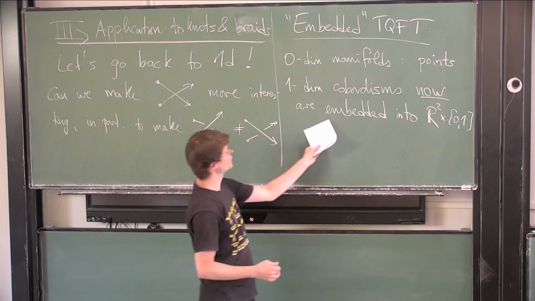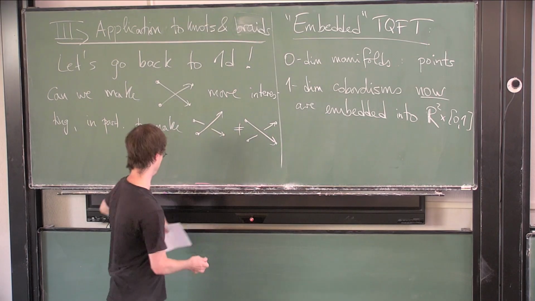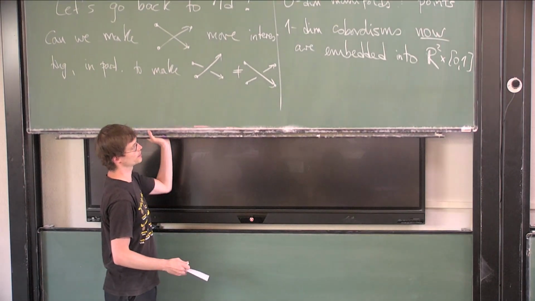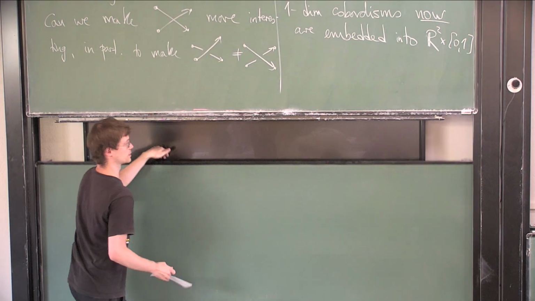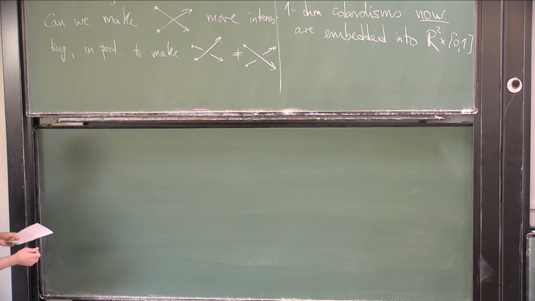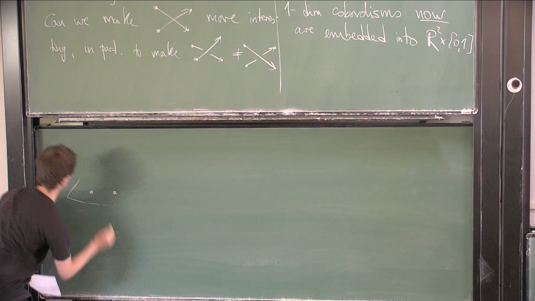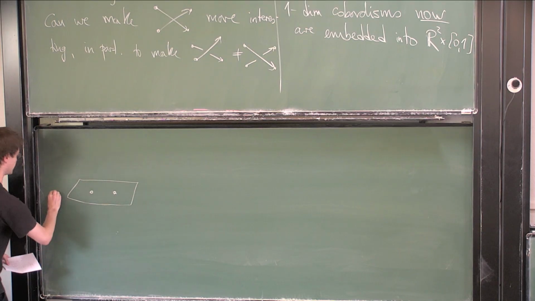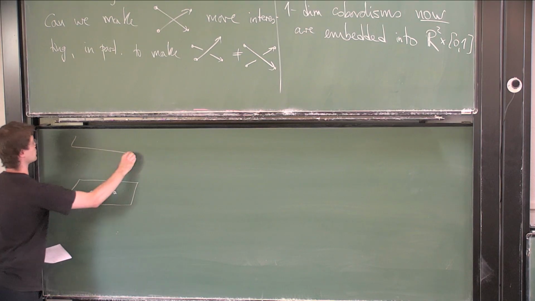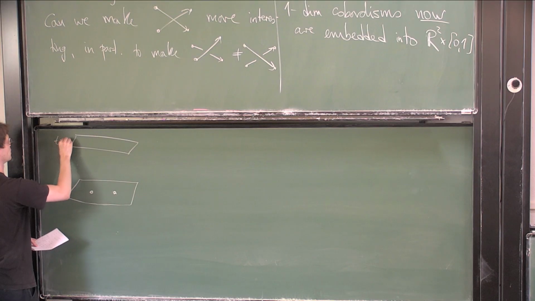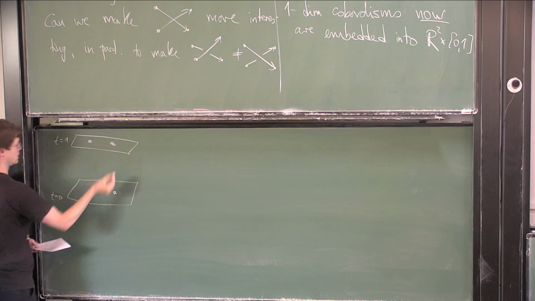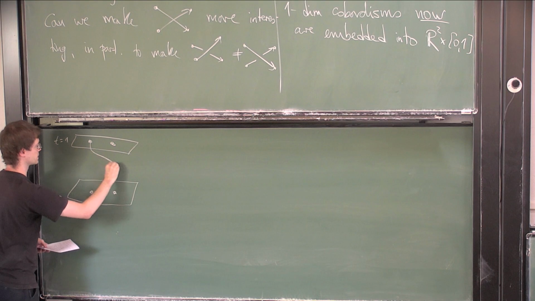And what's important, once you have the embedding, so maybe let's draw some pictures. Typically, what we want to consider are pictures like this. So this is the t equals 0 plane, t equals 1 plane. And now, for example, I want to draw a picture like this.